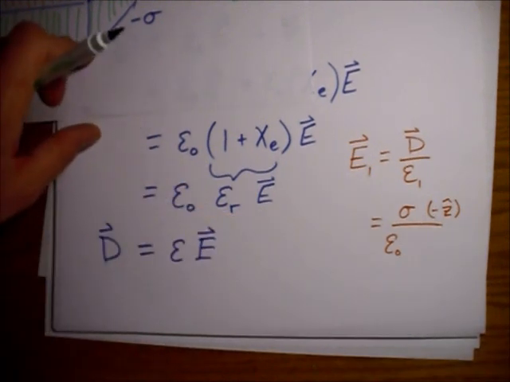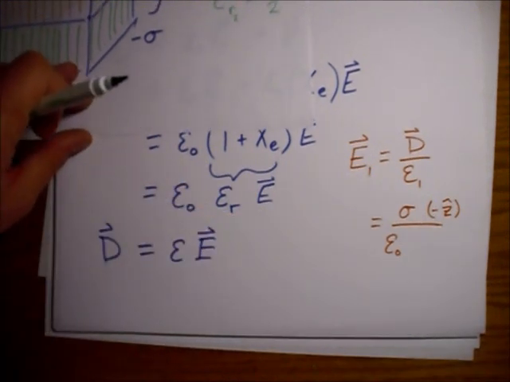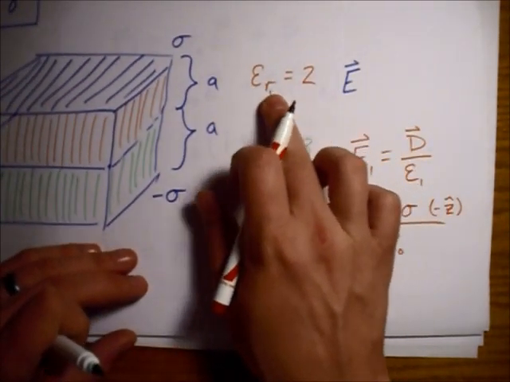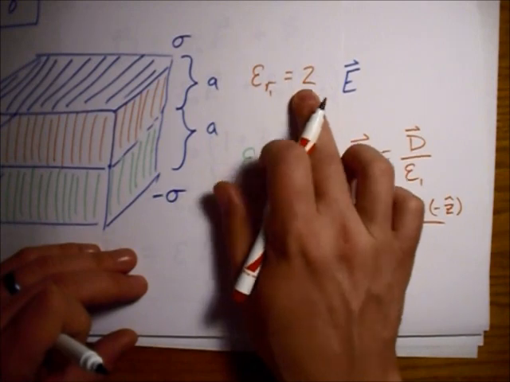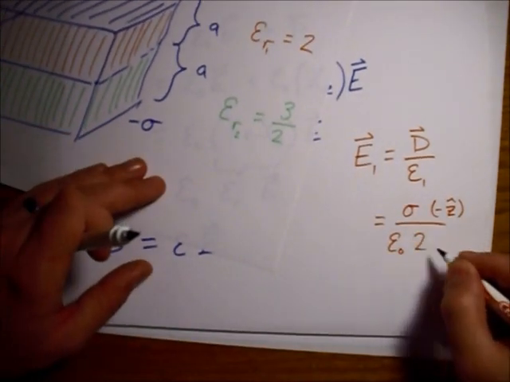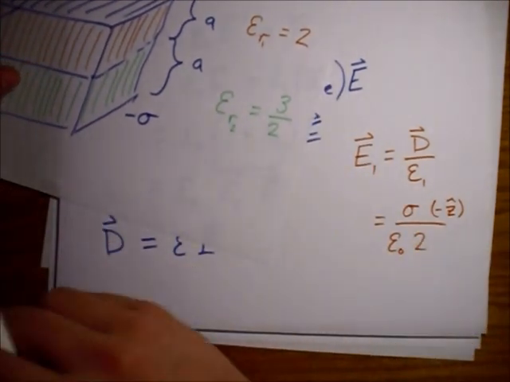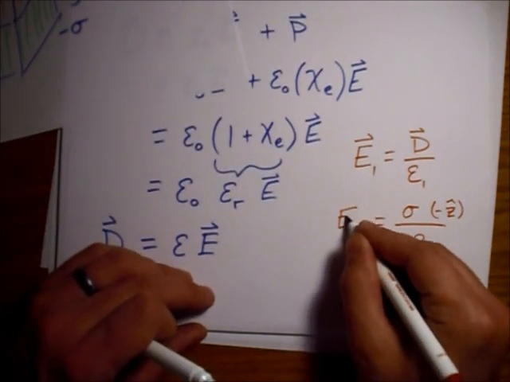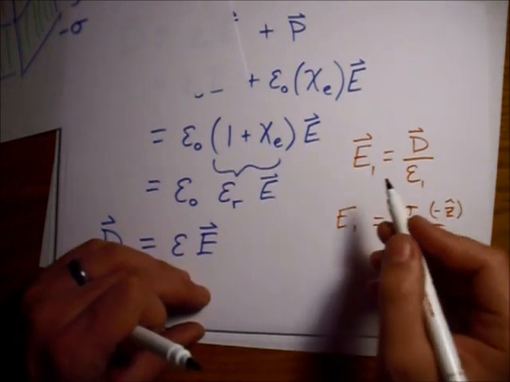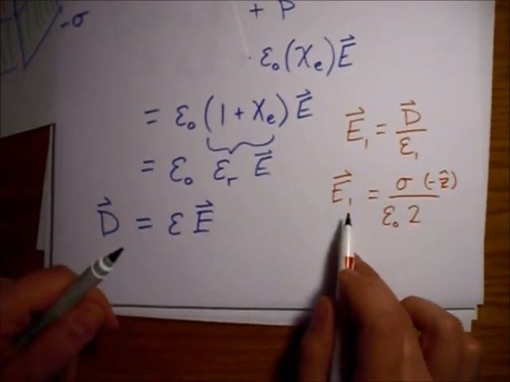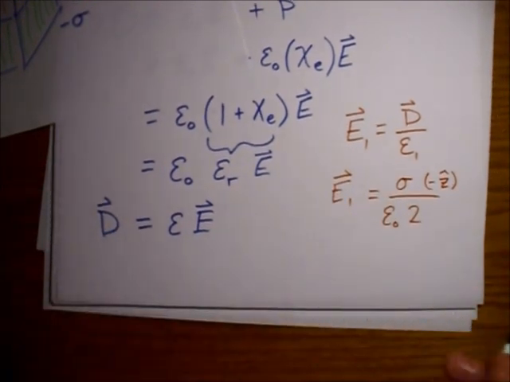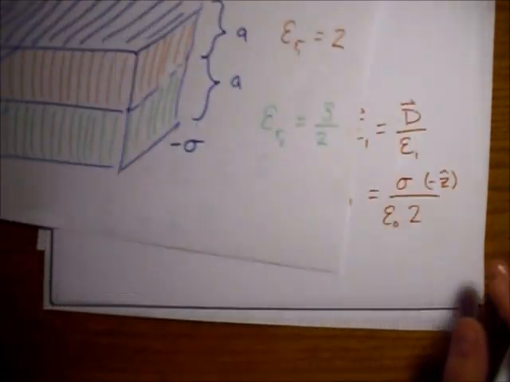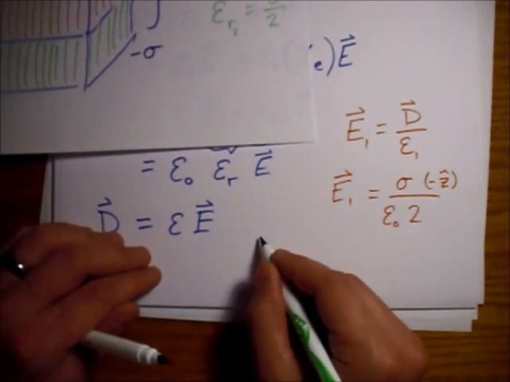And the dielectric constant, just making sure I wrote these down right, for the red slab, that is equal to 2. So here we go. Here we have, maybe not the cleanest way of writing this, we could bring out this minus sign and stuff. But there is the electric field for the red slab.